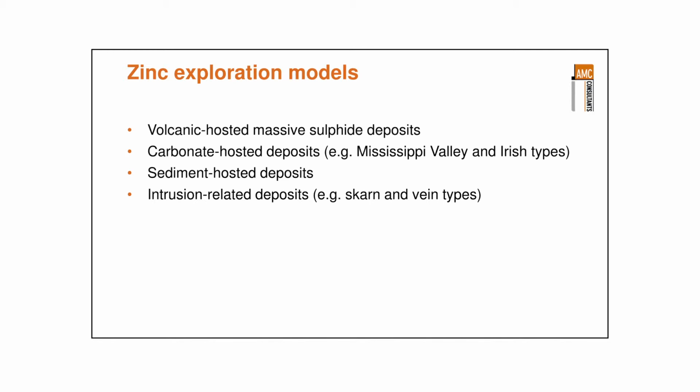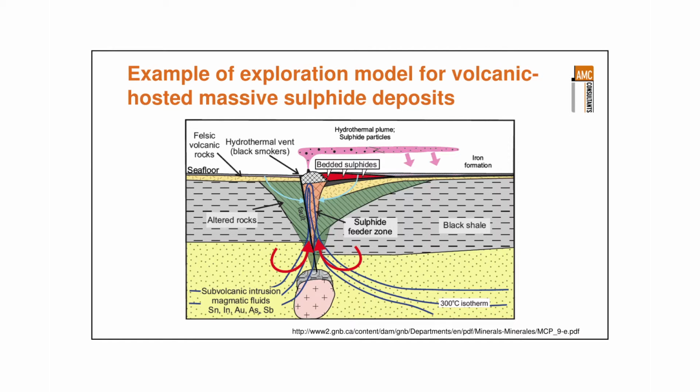And so each of those has different styles and it has different characteristics that you need to understand when you're exploring for them. This is an example of a model for a volcanic hosted massive sulphide deposit. And as you see, geologists love colour, geologists love drawing pictures to try to represent what they think is happening under the Earth's surface.